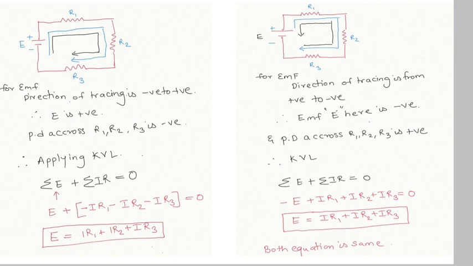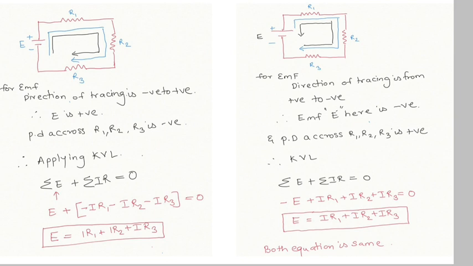First, for the EMF, because only one EMF is there, the direction of tracing is from negative to positive, so the value of E will be positive. The potential differences are in the same direction as the current, therefore R1, R2, R3 will be negative.